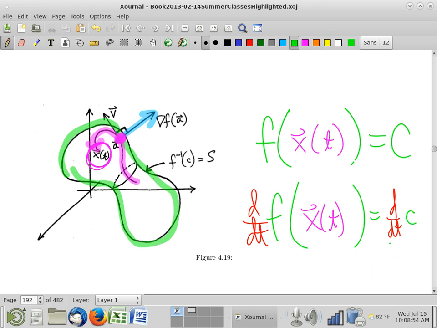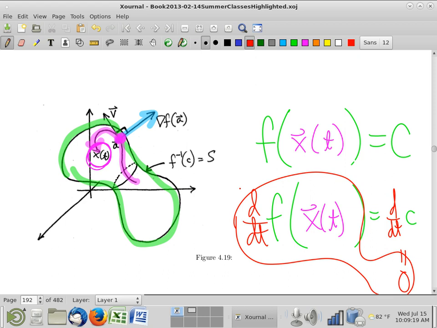Conveniently, the derivative of a constant is 0. So that derivative is equal to 0. Fine. Again, not a surprising fact. Another way of saying that it's constant is saying that its derivative is 0.